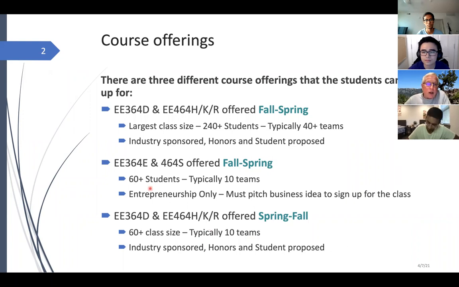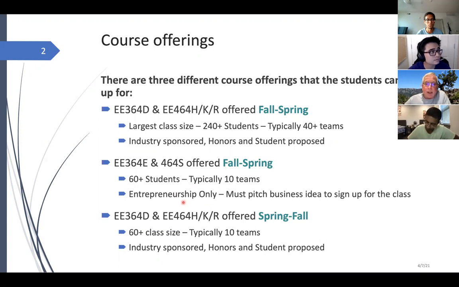A few years ago, they asked me to start this 364E, which is an entrepreneurship class, and it's also offered in the fall and spring. And it also has a 464 component, but it's a 464S component, which stands for startup. There's around 60 this year. I think I have around 67 students, about 10 teams.